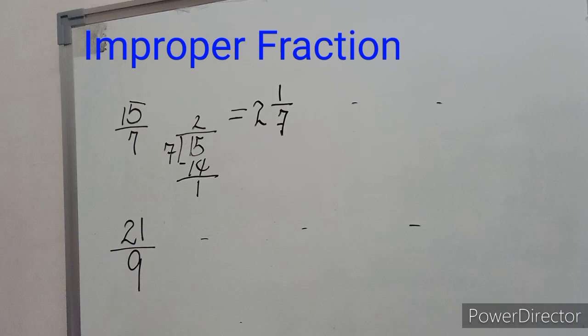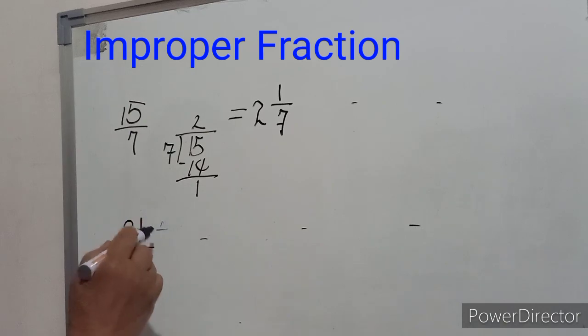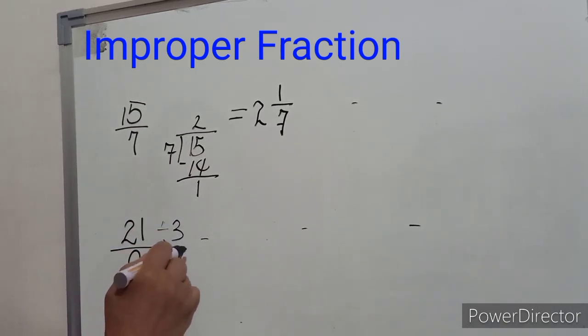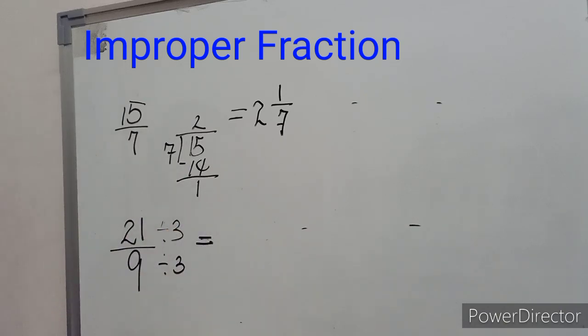While our second example is 21 over 9. It is always very important that when you are changing an improper fraction into a mixed fraction, you see if they have a common factor. Like 21 over 9, they have a common factor of 3. You have to remove that by dividing both numerator and denominator by 3.